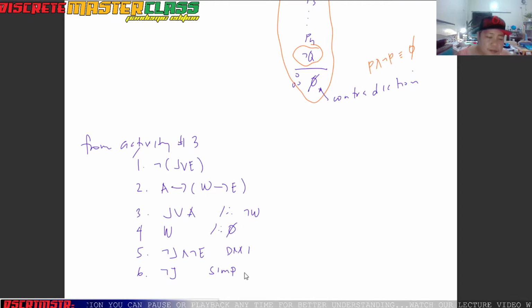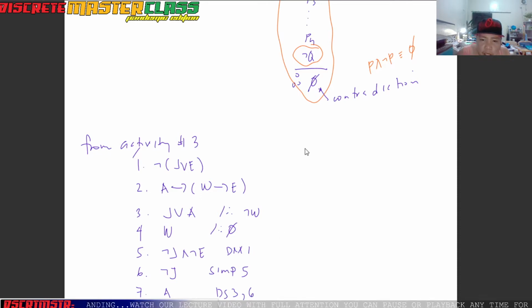Okay? Okay, now, going back, number 7, from number 5, I detach my not J. I can do that by applying simp to number 5. Okay, not J, from not J, and using number 3, by DS, I can detach A. That's DS of number 3 and number 6.